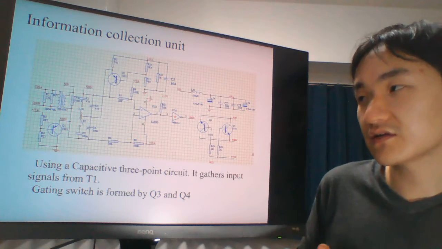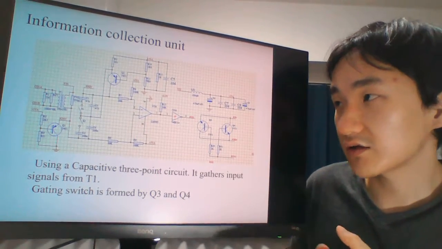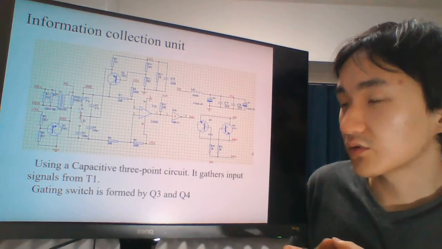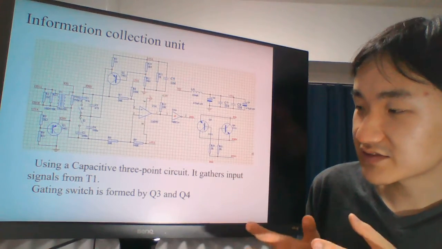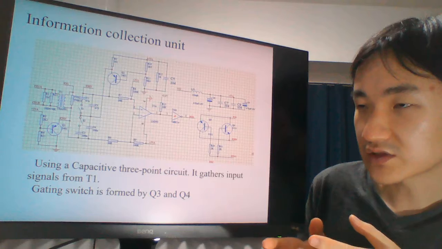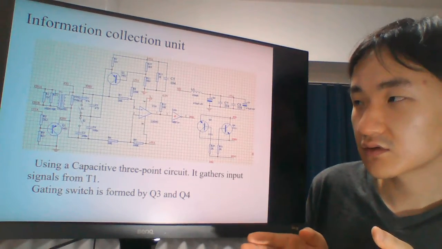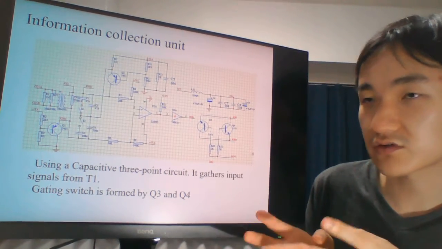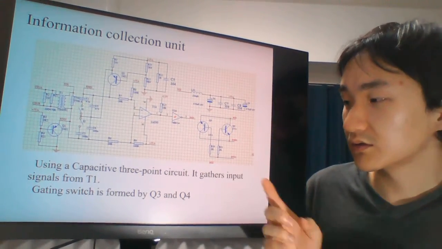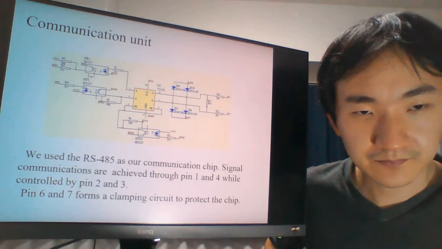In this task, it's a multi-channel task, so we have to design a gating switch, which makes it possible to choose which channel we are focused on, using Q3 and Q4.